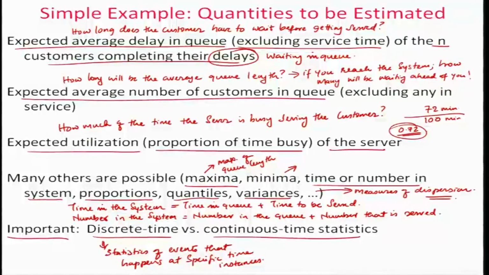Continuous time statistics, for example, is the time for which the server is busy. That is a continuous time statistic, because whenever it is busy, the server continues to remain busy. It is not an instantaneous thing. It actually happens when the customer is being served by the server.